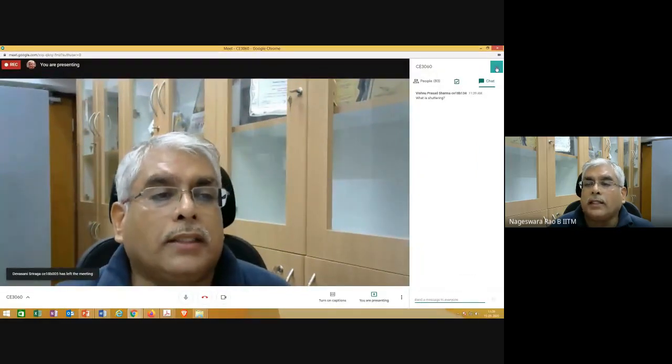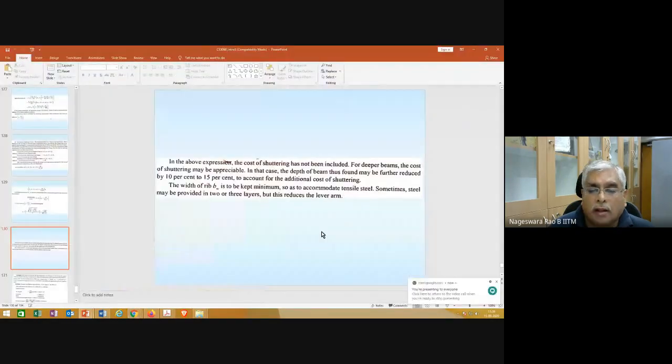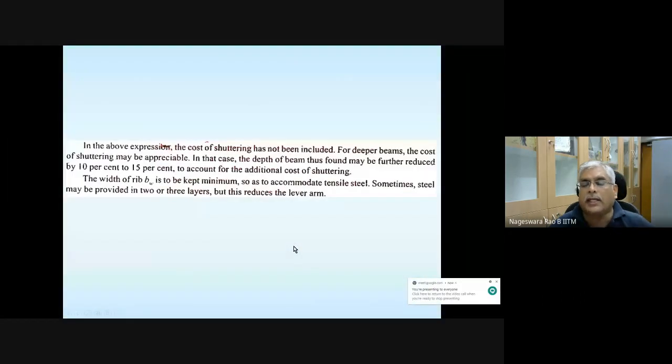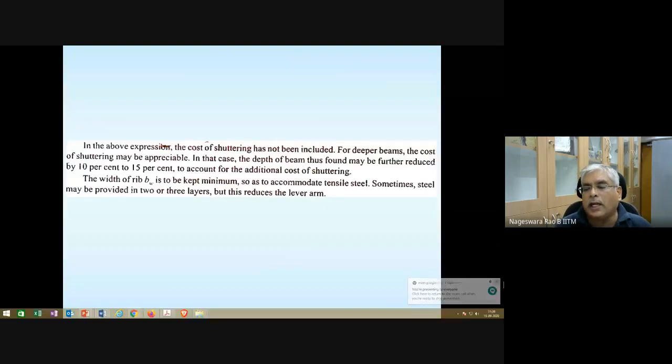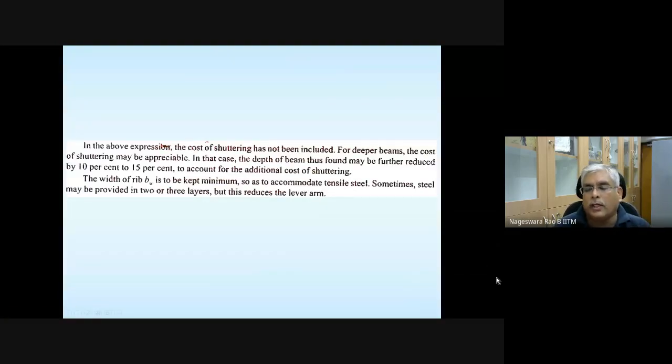What is shuttering? Please note that steel is steel. You are making a steel cage, and you need to cast this, or you need to provide the steel and then pour concrete, and then you need to have a mold.